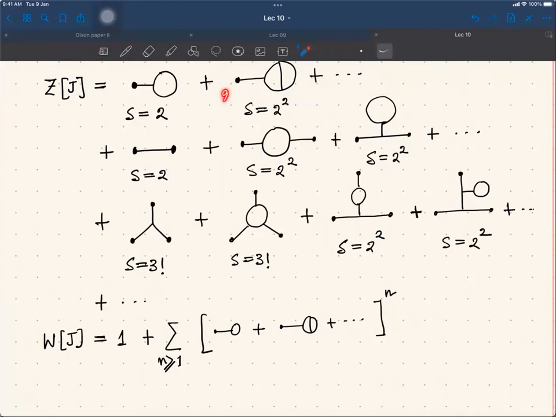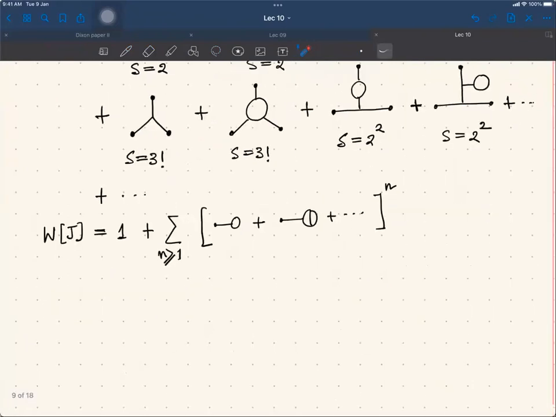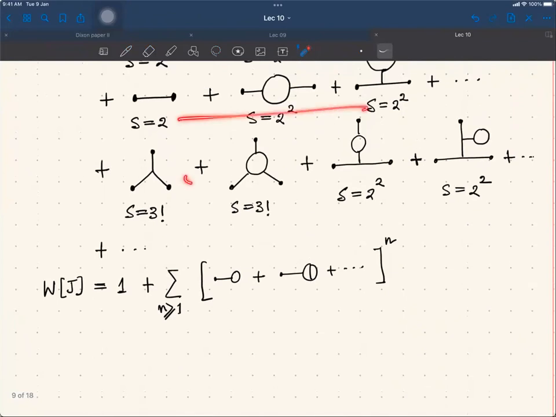It is the method of expanding Z[J] that itself tells you that there is a relative strength for each diagram, which is given by the symmetry factor. But we are not taking that convention. We are just adding the diagrams, each with relative strength 1. But within the diagram, we have the symmetry factor sitting inside, and therefore the symmetry factor is there in the Feynman rule. So taking the same convention, this entire infinite sum is a diagram. When you add them, it is a diagram. Okay.